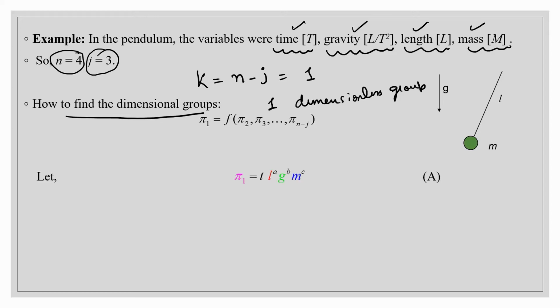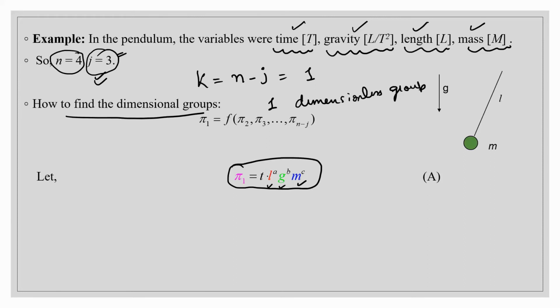Then what we will do is let pi 1 be equal to t L to the power a, G to the power b and M to the power c. Now see why I have taken only these three: because we have j equal to 3, so we have to take only 3 variables as repeating variables. Repeating variable means that if j is equal to 3, then you put 3 variables with some exponents, and the remaining variable will be written as it is.